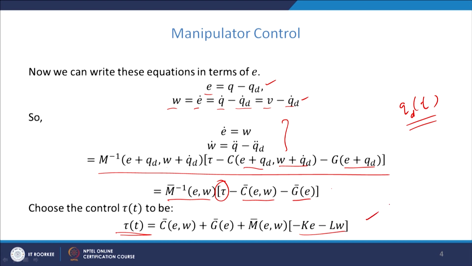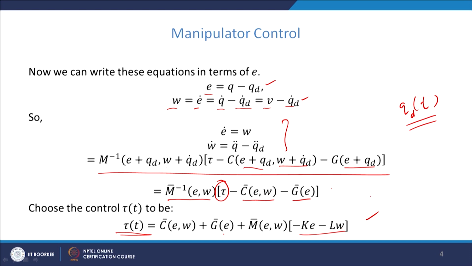How it is selected? It is just observing the equation. Here we have tau minus C bar minus G bar. So, if you take tau to be C bar plus G bar, these two will get cancelled. So, the remaining term is simply M bar into minus KE minus LW.